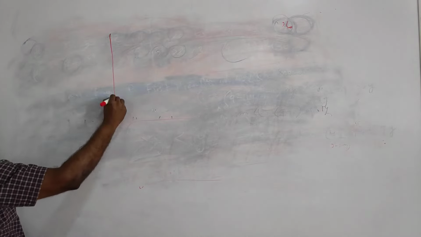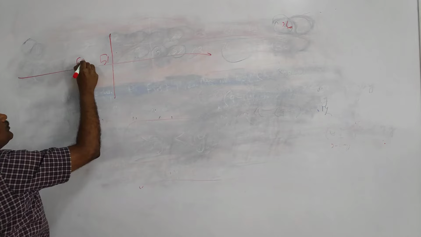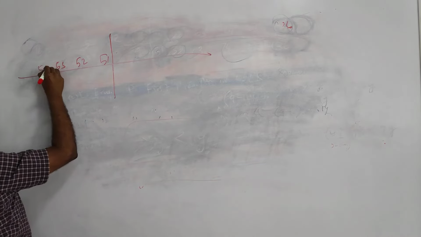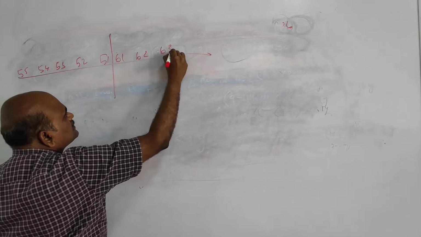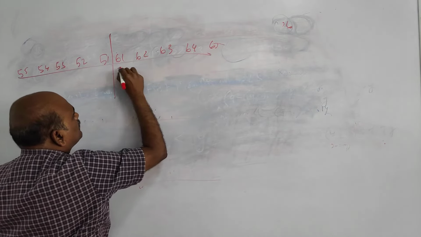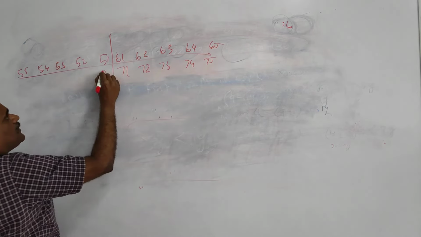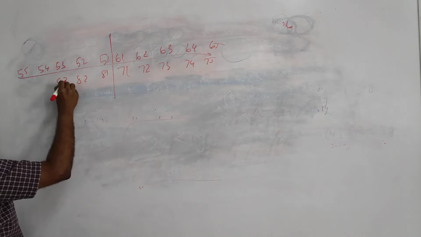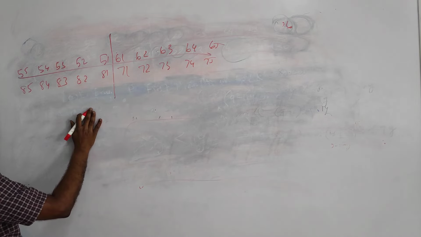Then sometimes the exam may confuse you like this. Say for example 5 1, 5 2, 5 3, 5 4, 5 5. Similarly 6 1, 6 2, 6 3, 6 4, 6 5, 7 1, 7 2, 7 3, 7 4, 7 5. 8 1, 8 2, 8 3, 8 4, 8 5. See, look, all are temporary teeth.